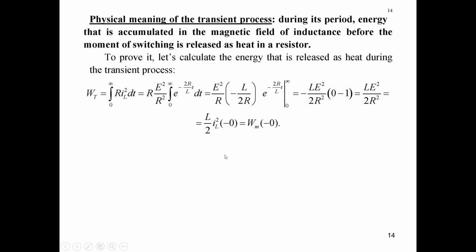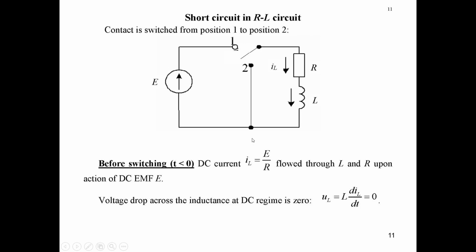So it is proven that in the transient processes of current flowing through this branch, the energy that was stored in this inductance before commutation has been released as heat in the resistance, which is connected in series with this inductance.